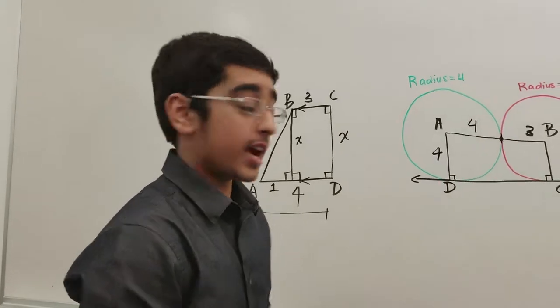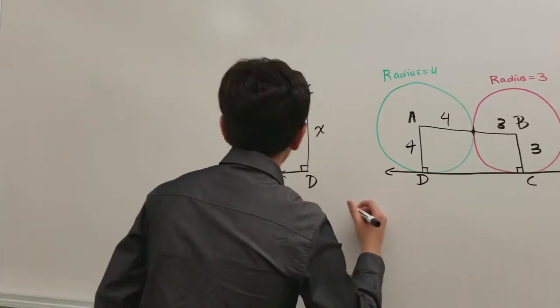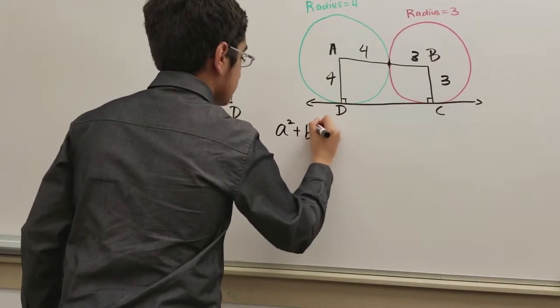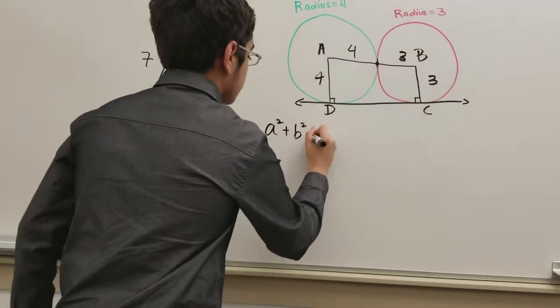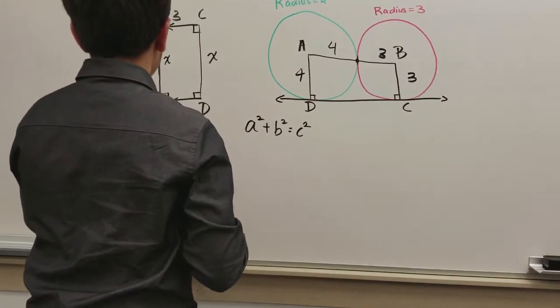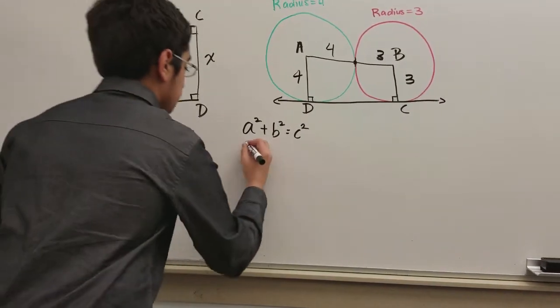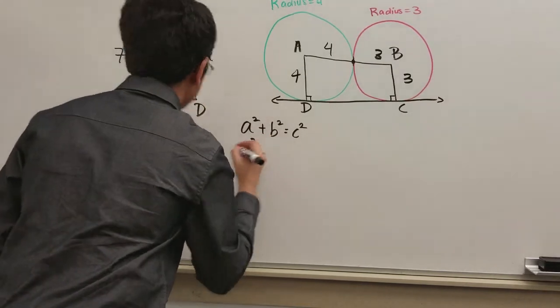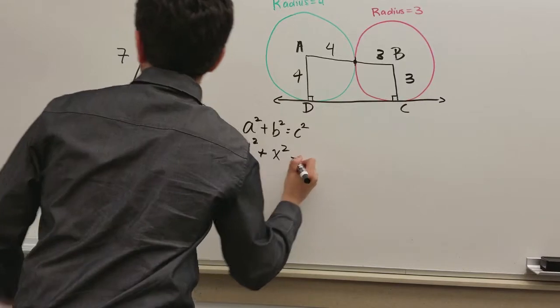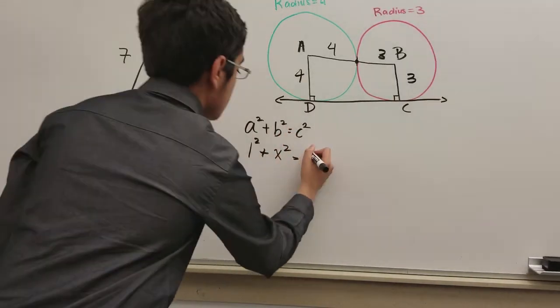So we want to use the Pythagorean Theorem, where we know that the square of each of the legs, when added together, equal the square of the hypotenuse. So let's plug in our values. We know that this length is 1, so 1 squared plus, and we know that this length is x, so x squared is equal to the hypotenuse, which is 7, so we take 7 squared.